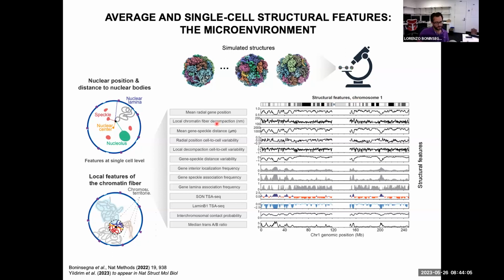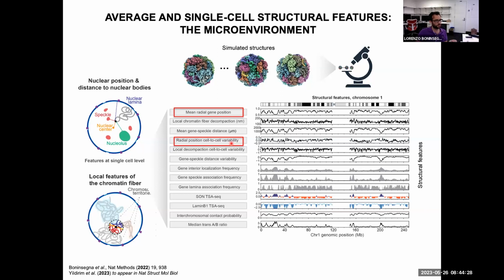Something that's critical here is because we have a population of structures, not only can we predict the average behavior. So for instance, we can predict the average radial position of a given chromosome locus, but also you can study its variance across the population, so its cell-to-cell variability.